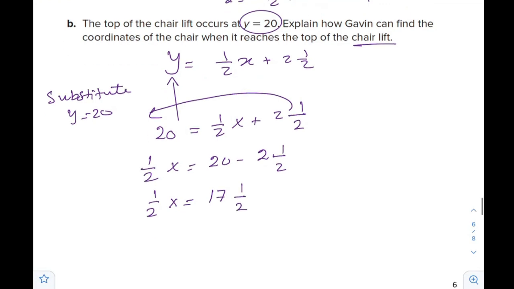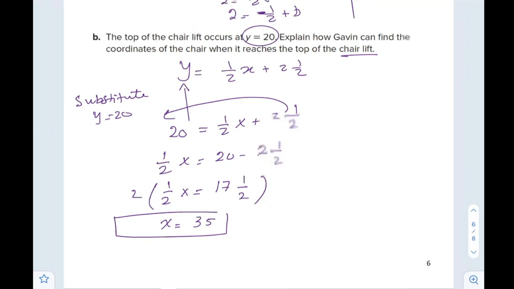And how can I find x now? I can multiply by 2 both sides. So x is 17.5 times 2, which is 35. So the coordinate of the chair is x equals 35. So the coordinates are (35, 20).